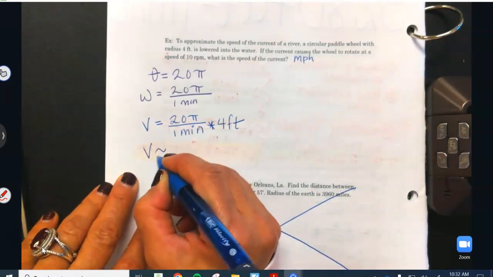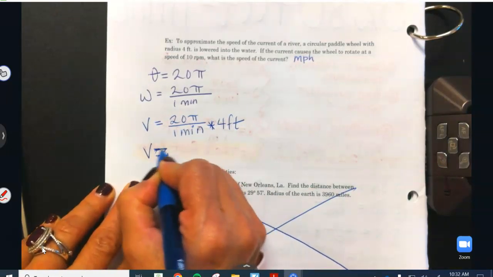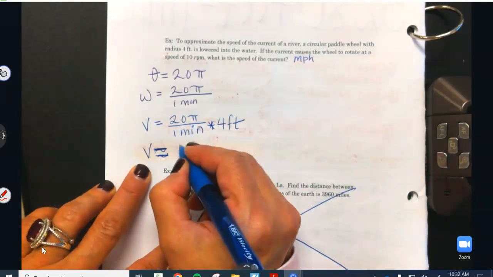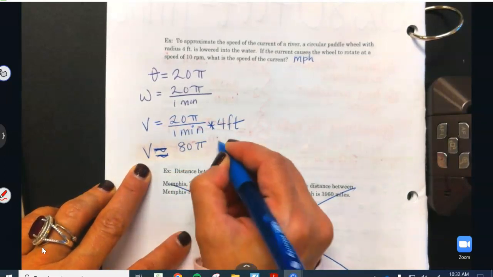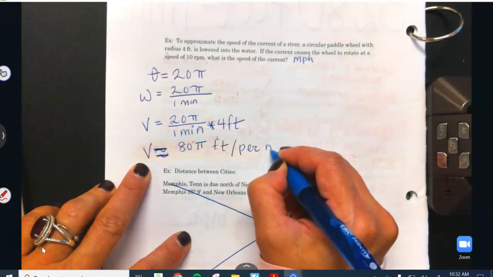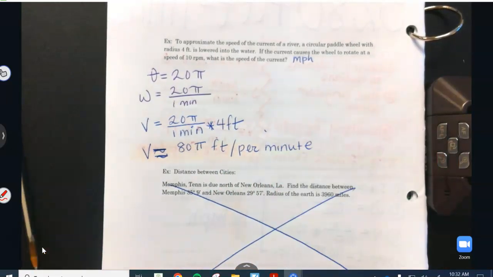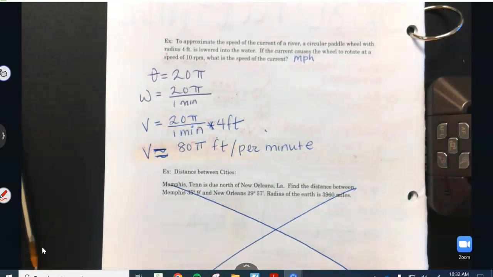So exact linear speed is 80 pi feet per minute. That's exact. Convert it. See if you can do it.